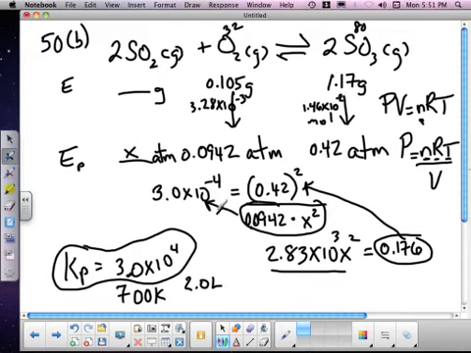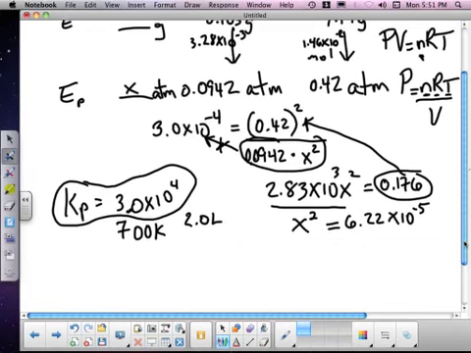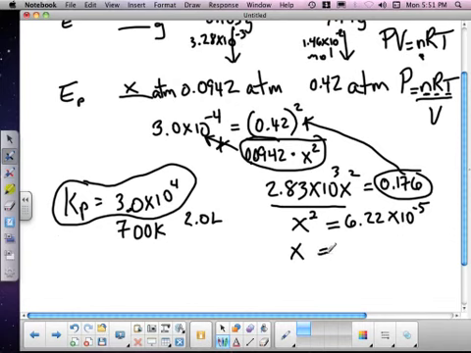And now I need to get X by itself, so I'm going to say X squared equals 0.176 divided by the 2.83 times 10 to the 3rd. And I get 6.22 times 10 to the minus 5. And then when I take the square root of that, I get X is equal to 7.89 times 10 to the minus 3 atmospheres.